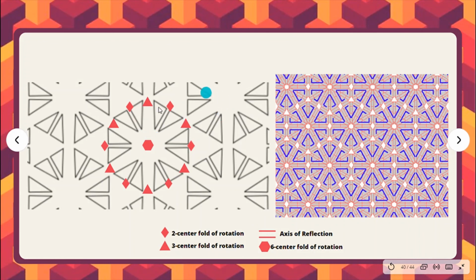So we can declare that almost every triangle here is reflected for every type of motion. And lastly, we have the sixfold center of rotation for the center, since we have 6 sides here, 6 combinations of triangles, forming the hexagonal lattice here. And in return, we have this type of pattern repeating around the plane.